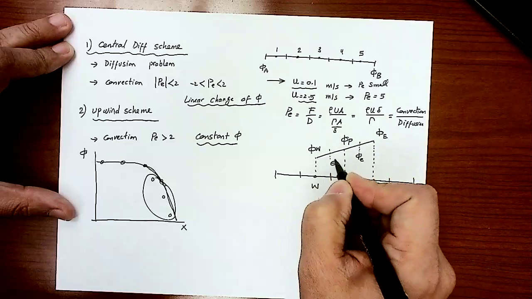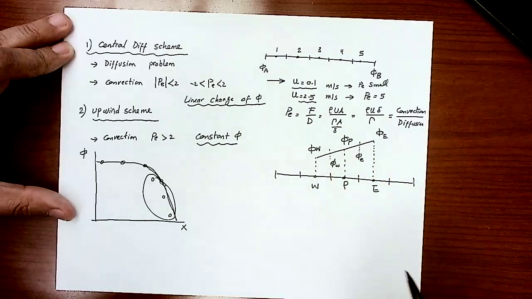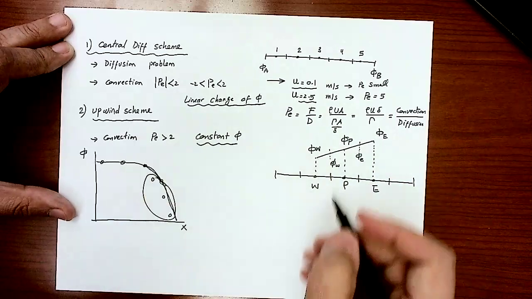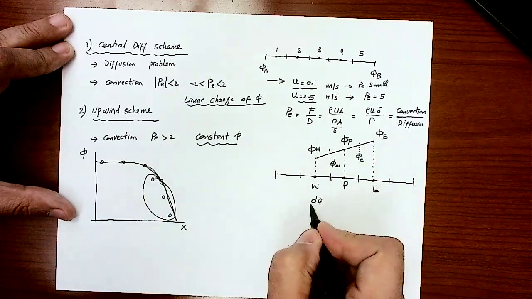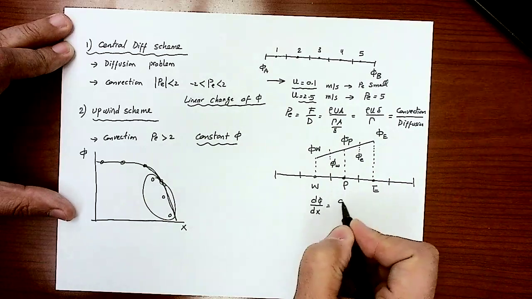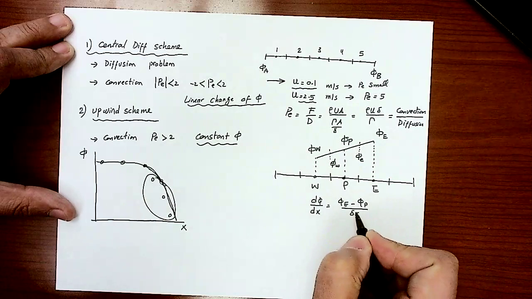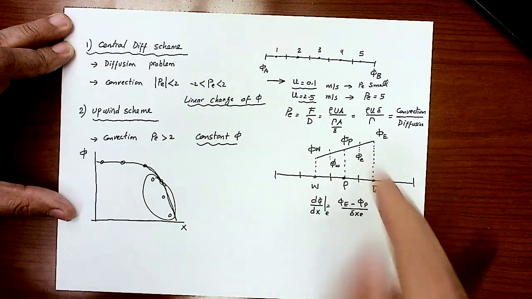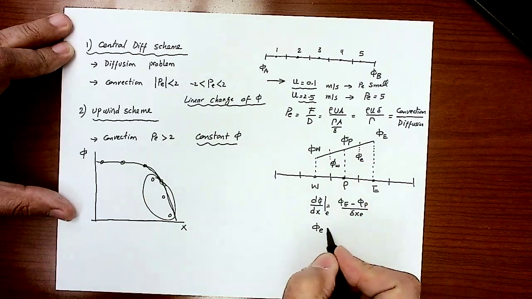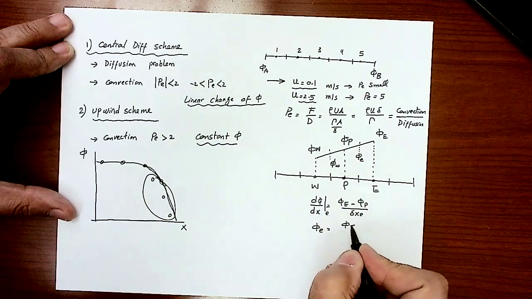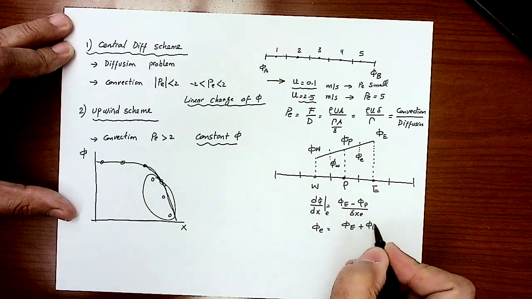So if we talk about the diffusion in the central differencing scheme, we do d phi by dx, which is the slope, simply phi E minus phi P divided by delta xe, right? If we are talking about the east one. And phi east is approximated by the average of phi E plus phi P divided by 2.